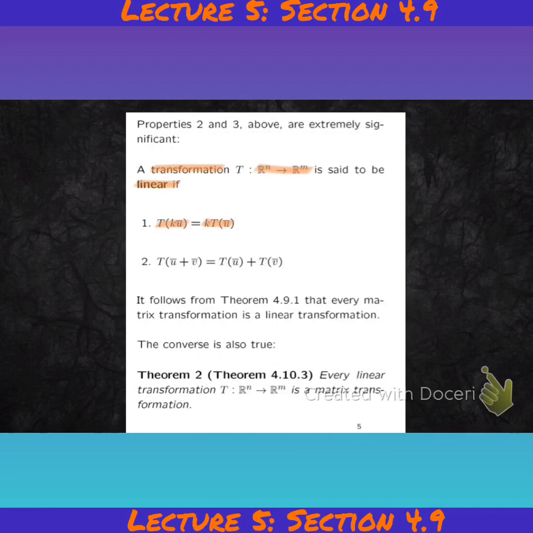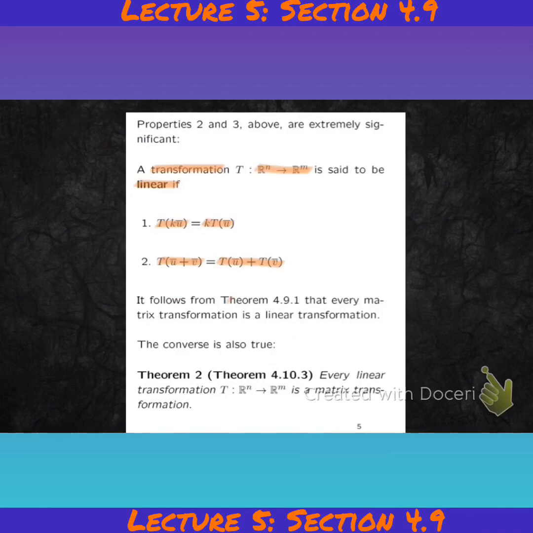Right, and then the second property is that if you let T act on the sum of two vectors, it's the same as letting T act on each vector in the sum individually and then adding the two results up. So when you have those two properties, we say that a transformation is linear.